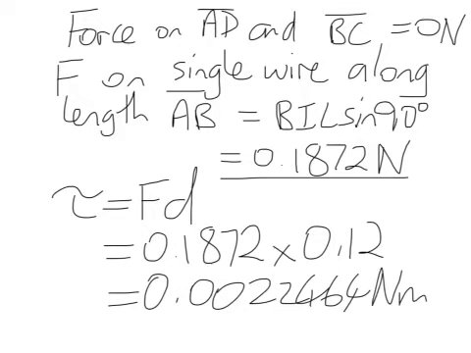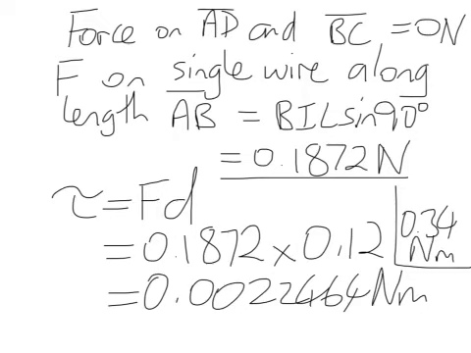Now we need to multiply that by 150 to get the final answer. Why? Because we have 150 turns, so this same torque will be simply multiplied by 150. So we get our final answer as 0.34 Newton meters to two significant figures.